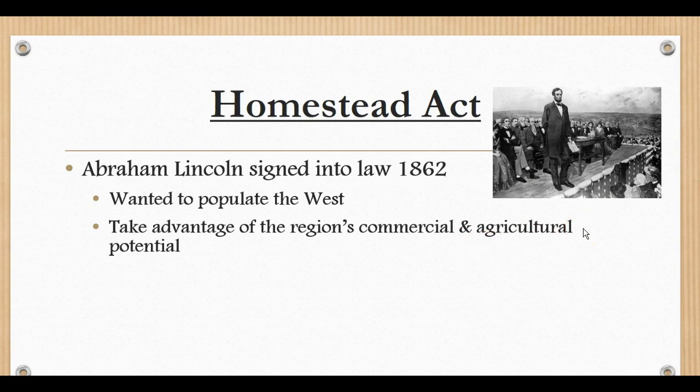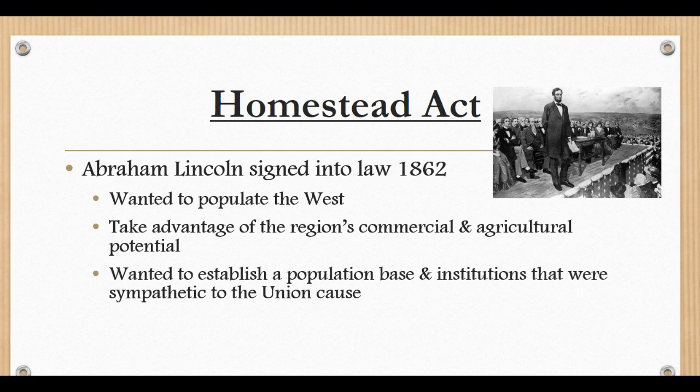So not only can you feed yourself if you establish a farm, you're also going to be able to create a commodity. You're going to be able to create a product which can be sold. So that means that you're making money and that the government then is making money.